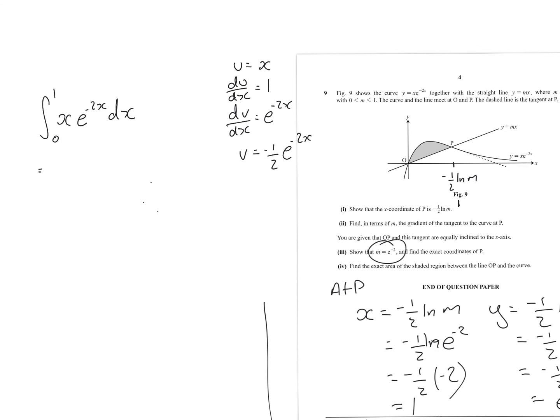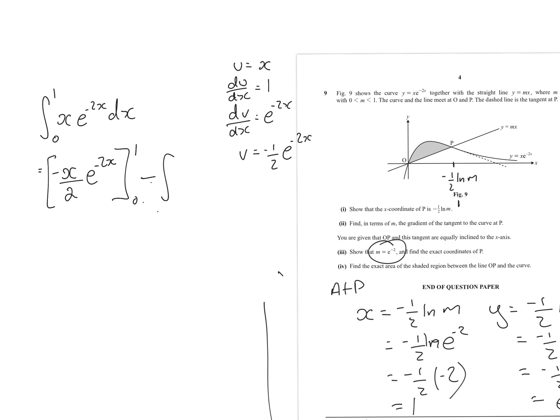So we're now going to do u times v, which is minus a half e to the minus 2x. I've done the integral for that one.